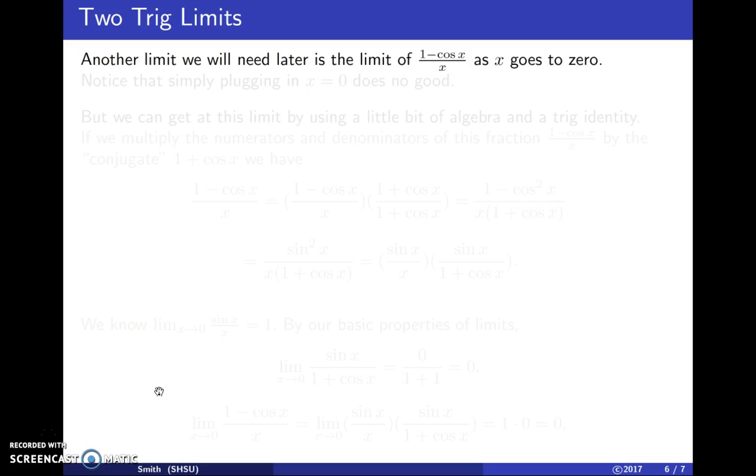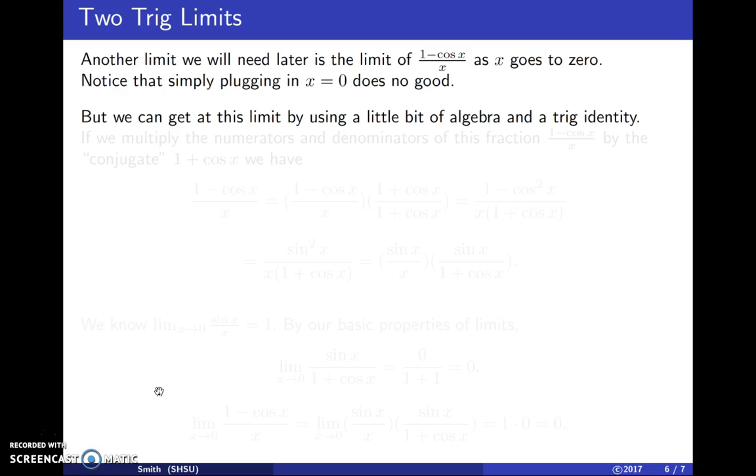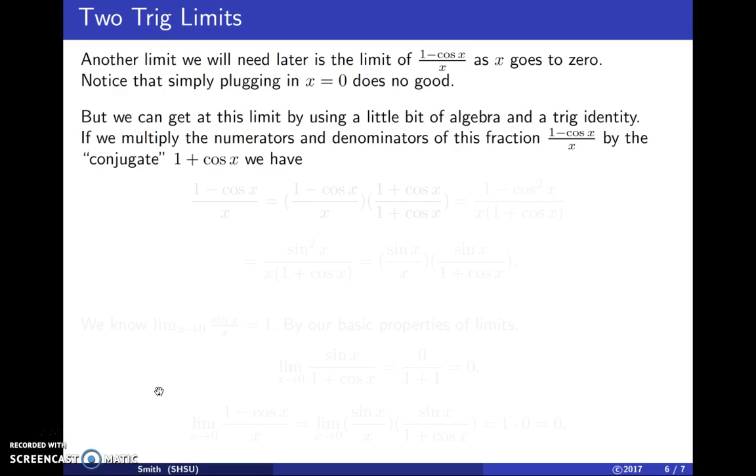Another limit we will need in this class is the limit of 1 minus cosine x over x as x goes to 0. Notice that simply plugging in x equals 0 does no good in this case. But we can get at this limit by using a little bit of algebra and a trig identity. If we multiply the numerator and denominator of this fraction, 1 minus cosine x over x, by the so-called conjugate of the numerator, 1 plus cosine of x, then 1 minus cosine x over x is equal to this expression, and if I multiply through the numerators, I get 1 minus cosine squared x as the numerator.